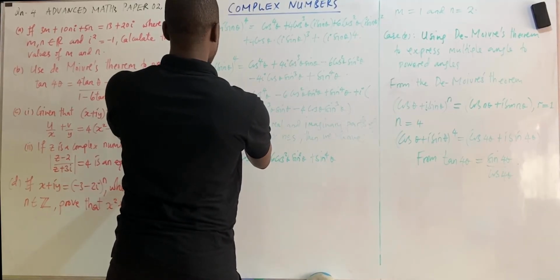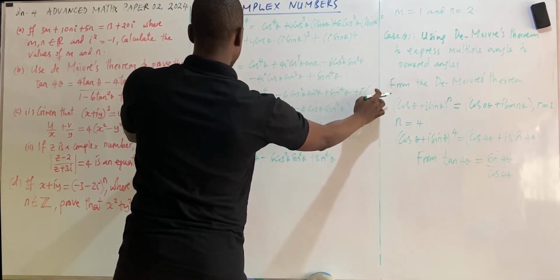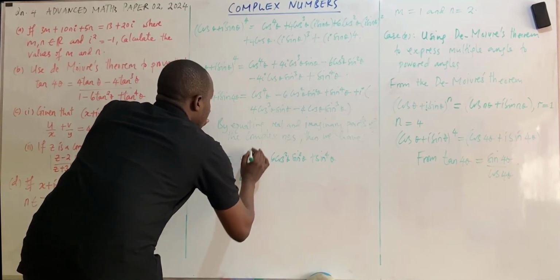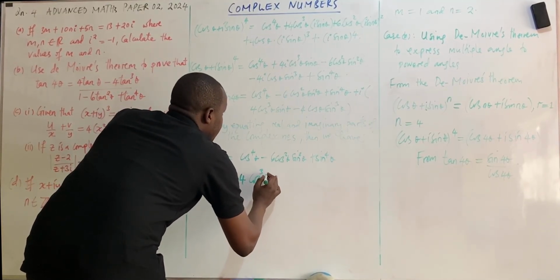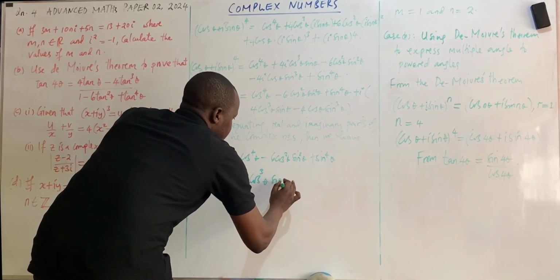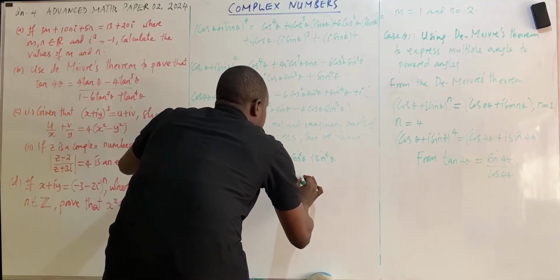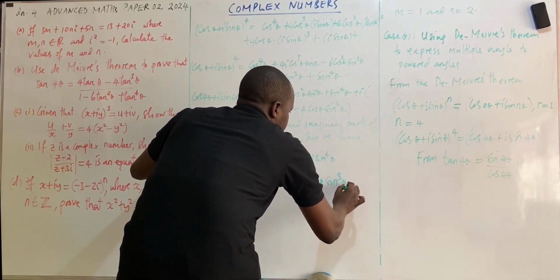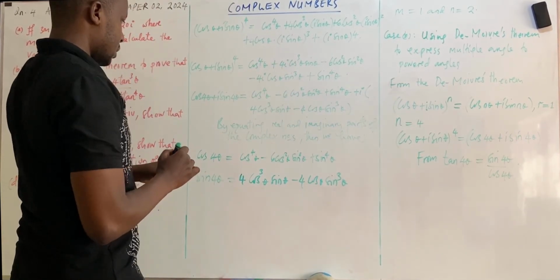It means this i is compared with this expression of imaginary. i and i will cancel out. So we remain with 4 here, the cosine cubic of theta, then sine of theta. Now we minus 4 cosine of theta, then the sine cubic of theta. So this is what now is remaining here.